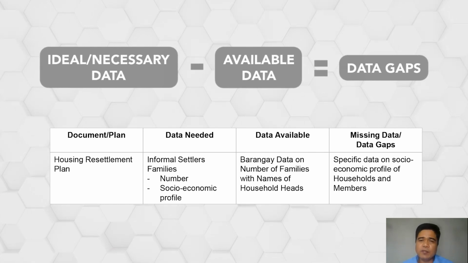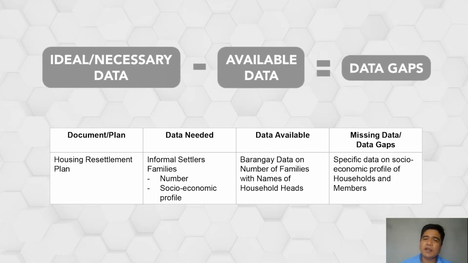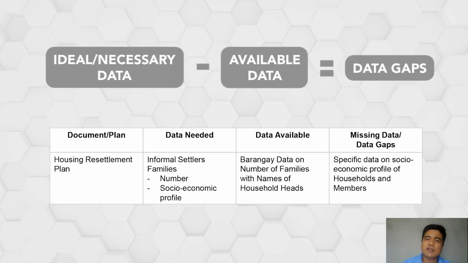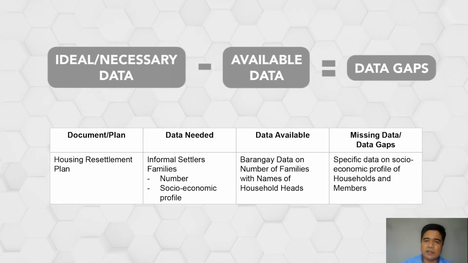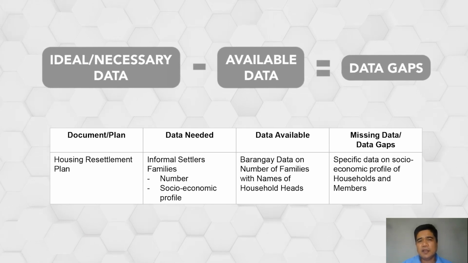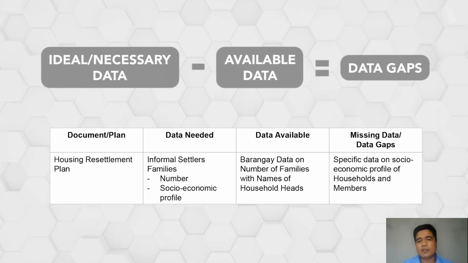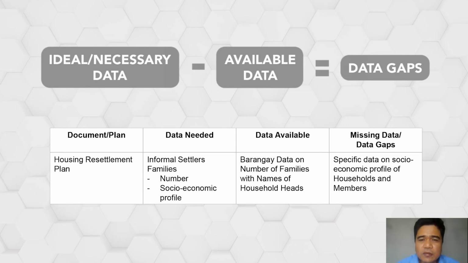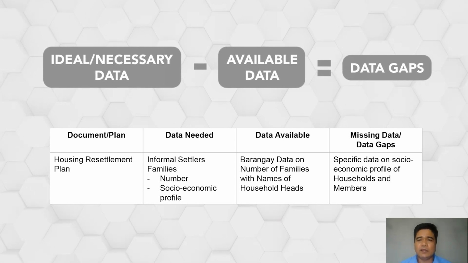But what are the data available? This could be a barangay data on number of families with names of household heads. And from that number of families can be extracted the names of the informal settler families. But that only contains the names of household heads.